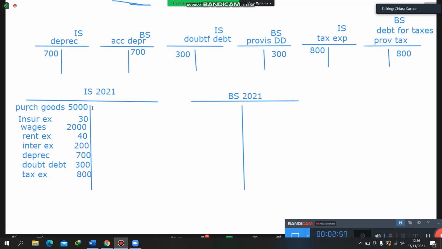Instead, on the revenue side, we have the revenues coming from the sales of goods. So sales of goods, 8,000. Then we have the closing inventory, 1,800.